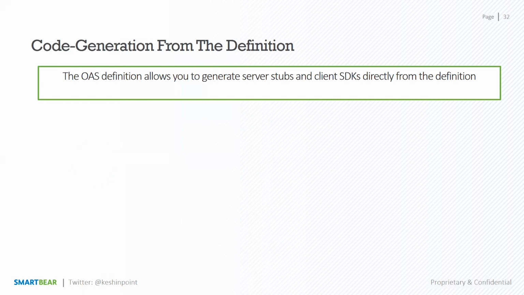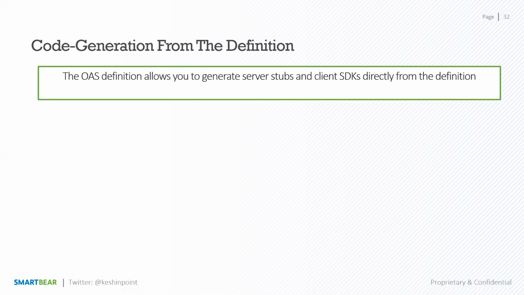There are other OpenAPI code generators out there that allow you to generate your API server stubs as well as client SDKs, all directly from your definition, in over 30 different languages. All your developer has to do is go in and add the business logic, maybe with some minimal configuration depending on your architecture, but just focus on the business logic, get stuff done, and move fast.